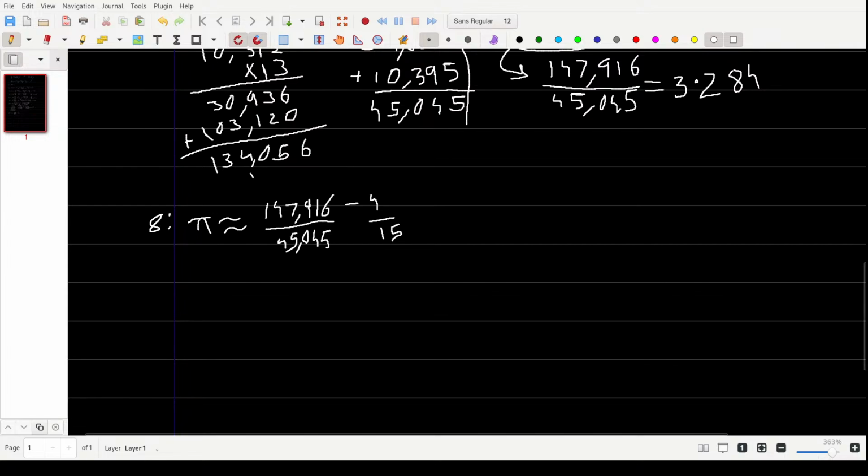Because 3003, you times that by 9. 3003 times 9, 27. And then you times that, wait, what? What am I doing? Divide this by 15. You don't times it by 9 and 5, you times it by 3 and 5, because that's 15, not 9.